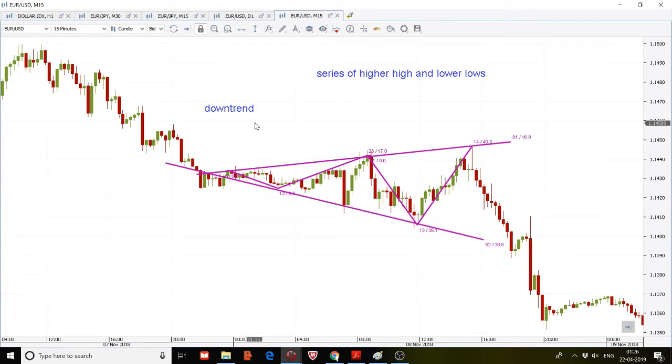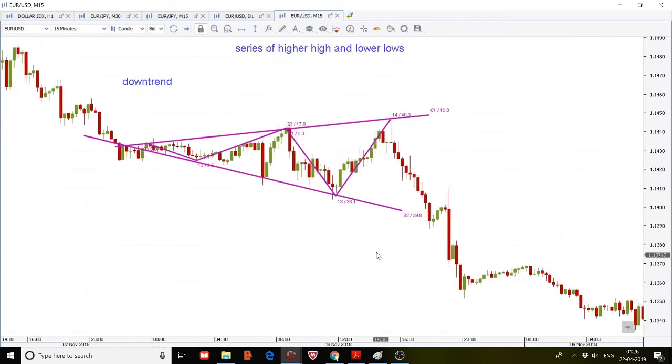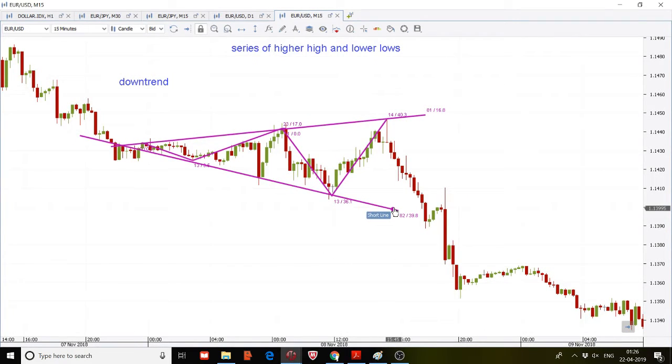So we have got three touches on the upper side and three touches on the lower side. Generally, the guideline says one should enter the trade as soon as you see a breakdown from this line. So here it got a breakdown and you can open the short trade by keeping a pending order, because no one knows at what time this instrument can see a breakdown to the lower levels.